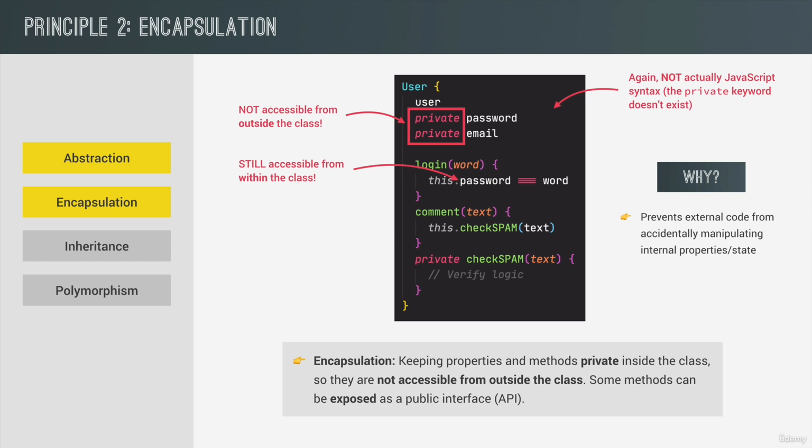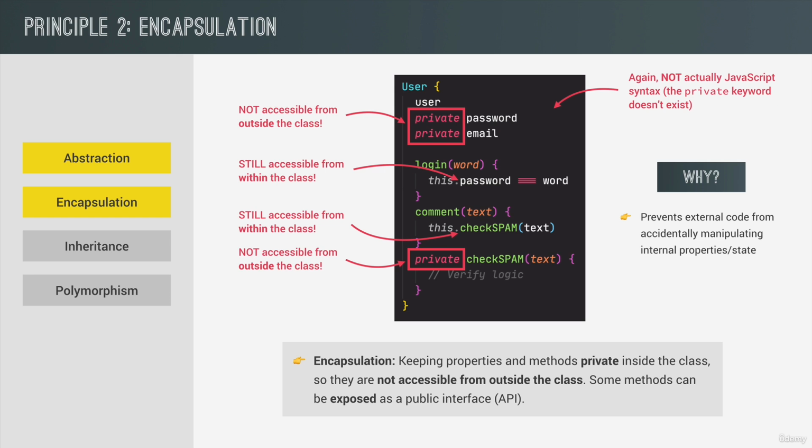Now, as you see, there's also a private method here, the check spam method. Again, it's not accessible from outside the class, but it's used internally to check if a comment is spam or not. So we want no one else outside of the class to be able to use this method, and so basically we don't make it part of the public interface.